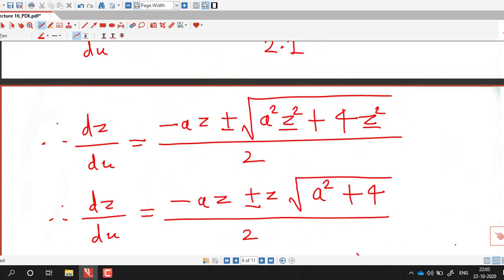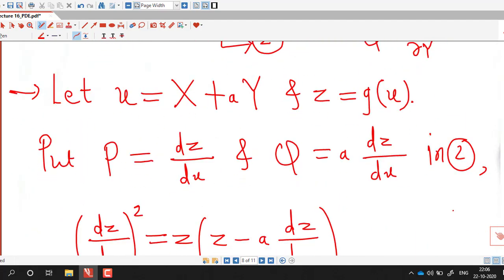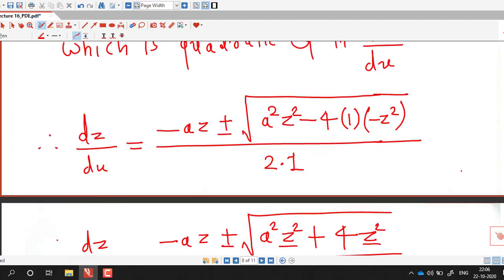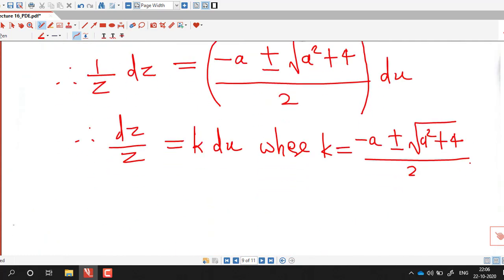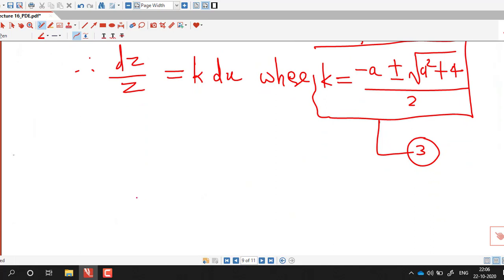Suppose we give this number 3, since we have used up to number 2. So this is the value of k. It is a constant because a is a constant.